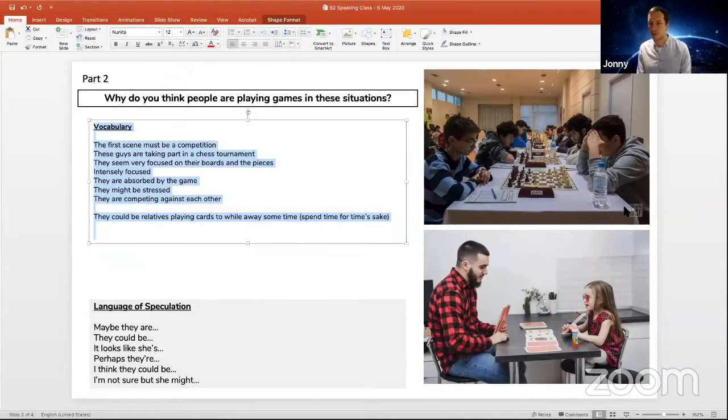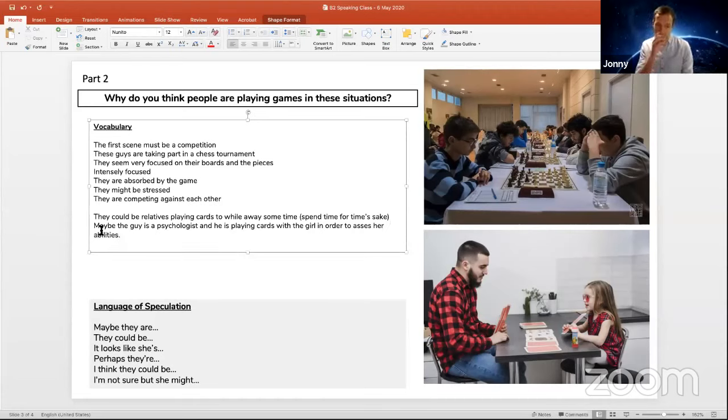Okay, let's have a few more ideas. Yeah, I like Israel's idea here. Maybe the guy is a psychologist and he is playing cards with the girl, so as to, or we could just say, in order to assess her abilities.